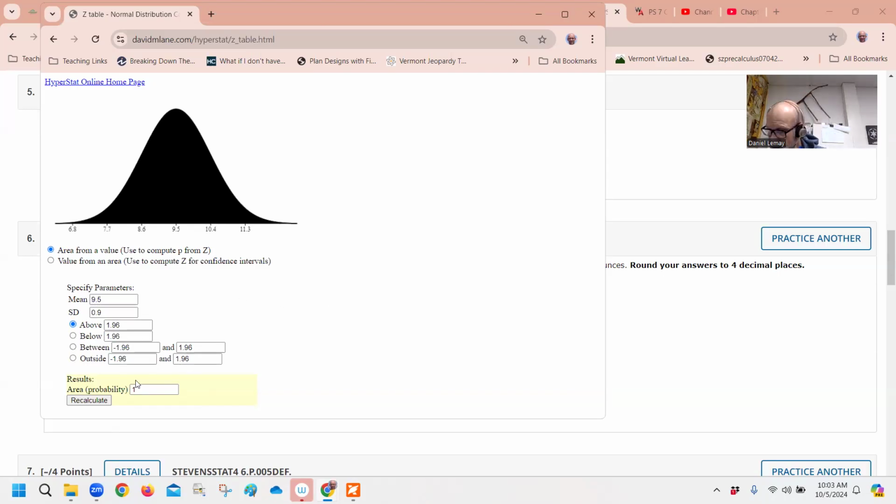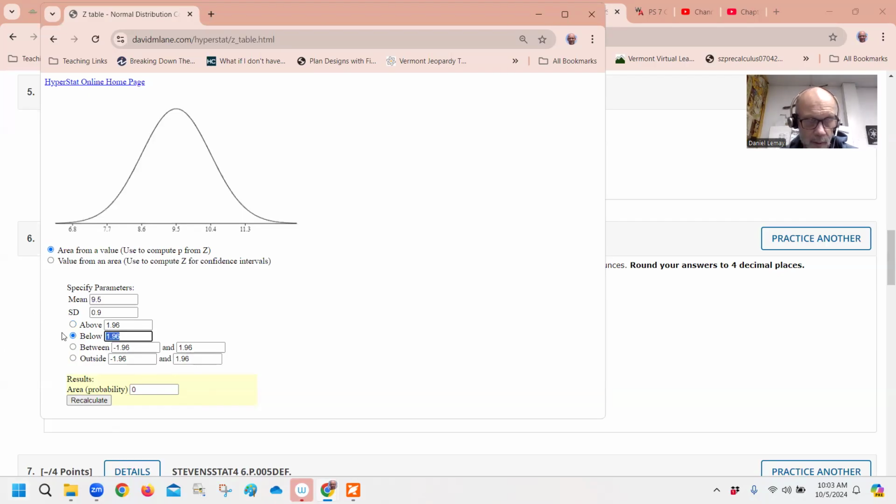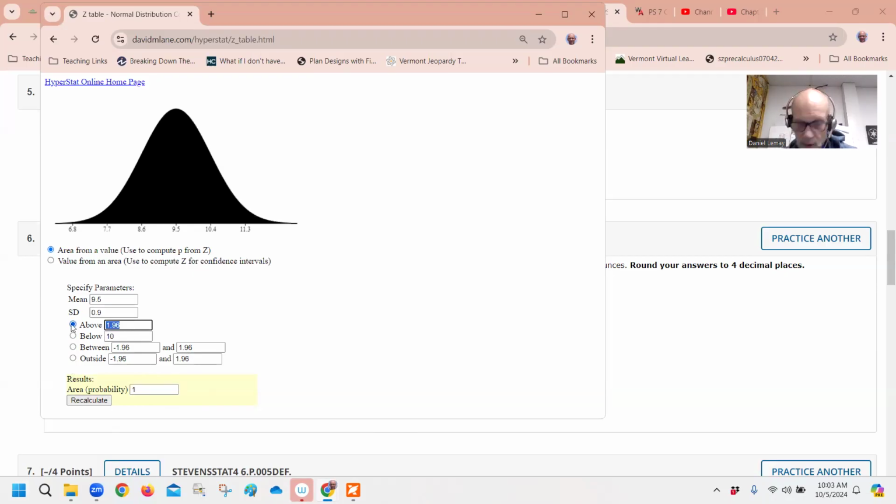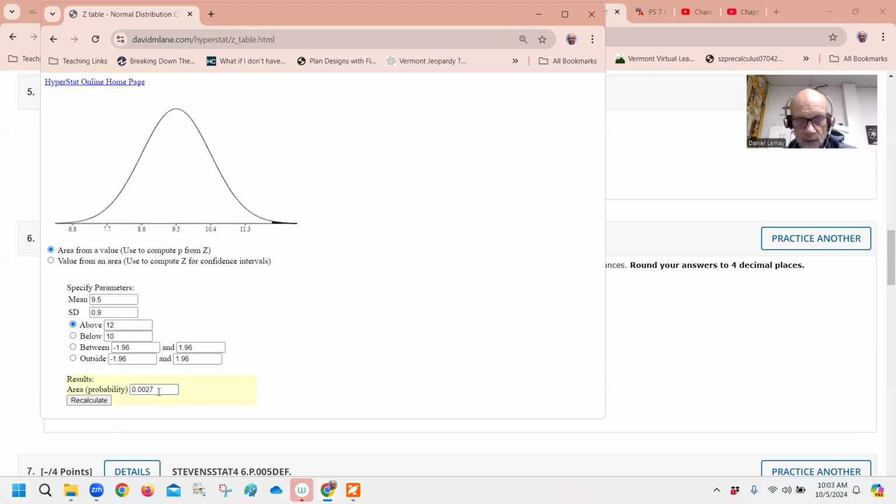The first question said less than 10, so we go below 10, and that's the answer, the probability of getting a potato less than 10. Then they say greater than 12, so we'll go above 12, and that's very small. So we can see that a potato that weighs 12 ounces is more than 2 standard deviations above the mean.